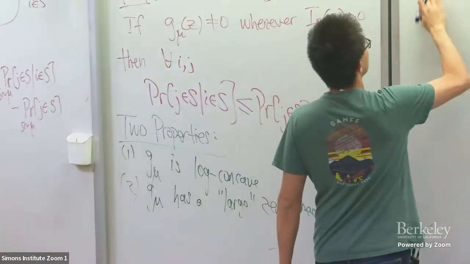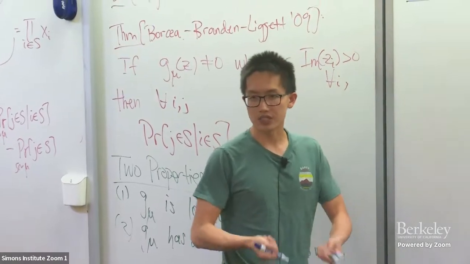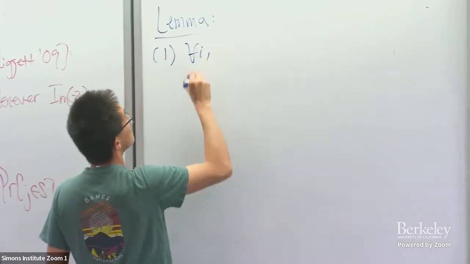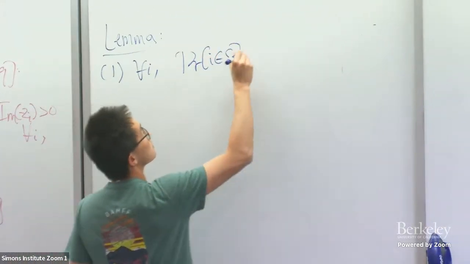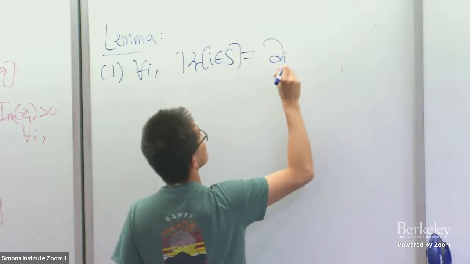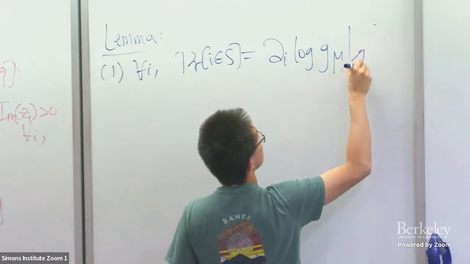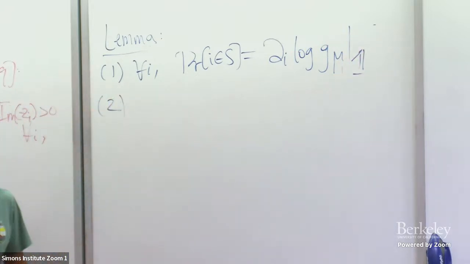This says that I can recover probabilistic quantities by differentiating my polynomial. So for all i, the probability that i is in a random set S is equal to, if I differentiate the log of the polynomial and evaluate at all ones. And the second thing is if I differentiate again, I get correlations.